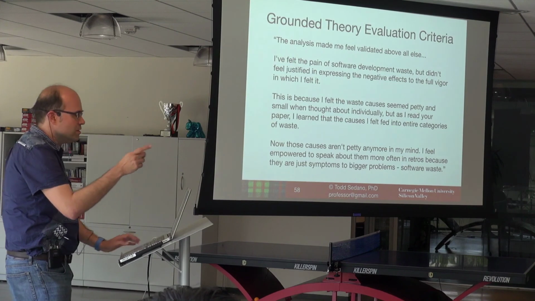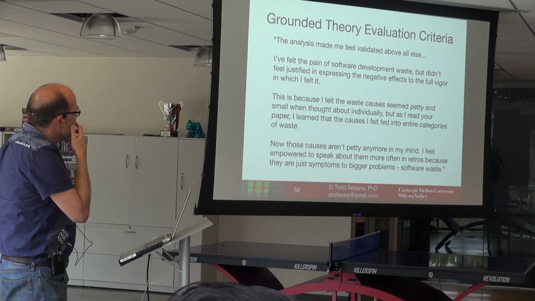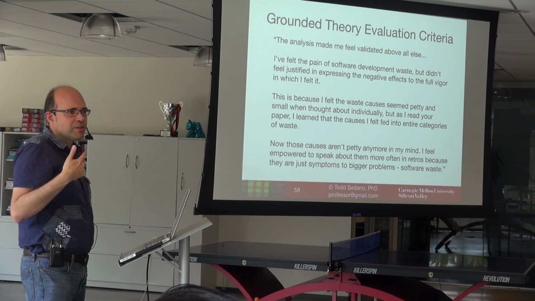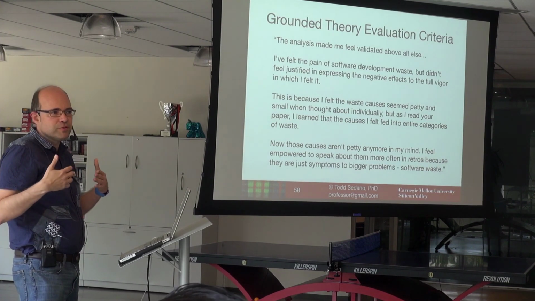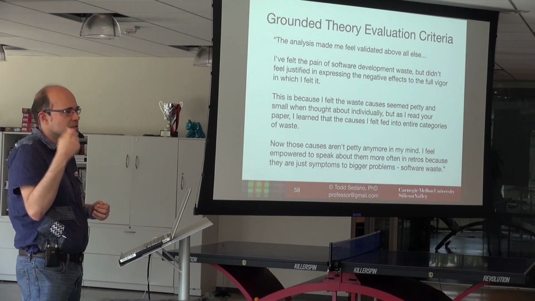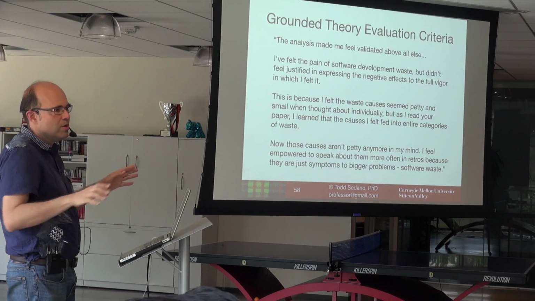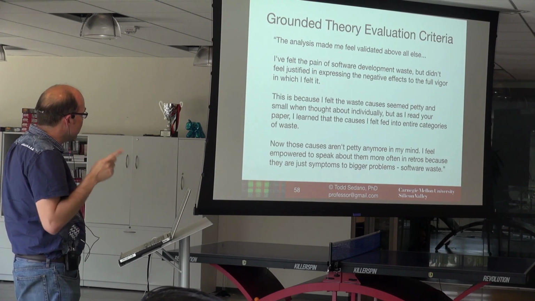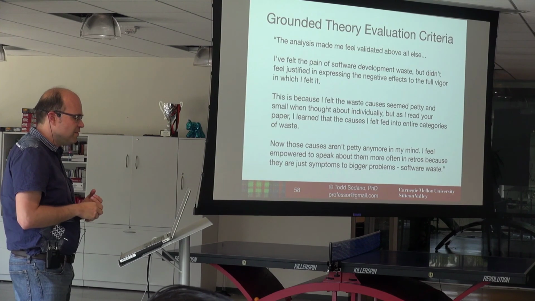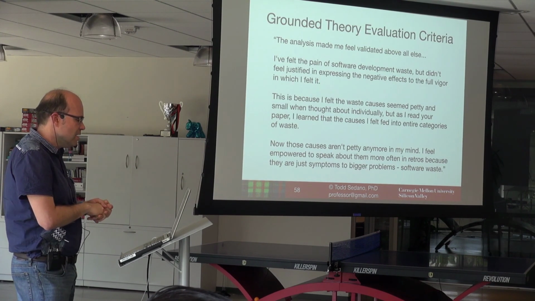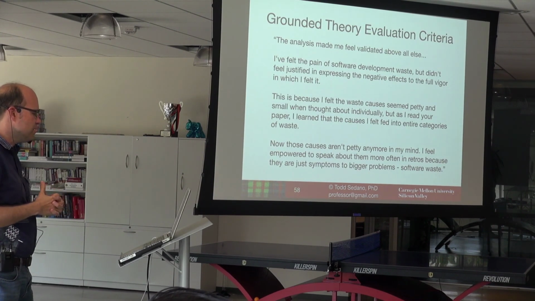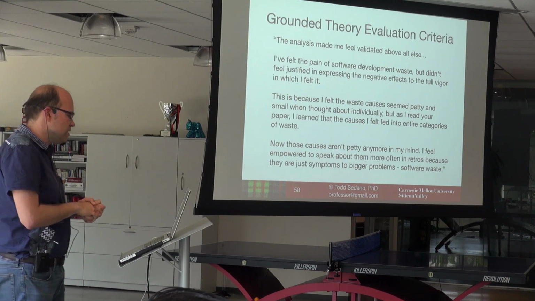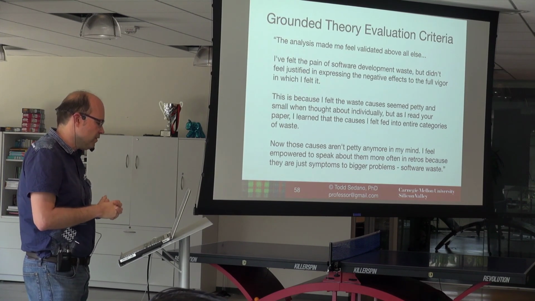So to John's point earlier, to validate the theory, one of the things we do as researchers is show it to participants, and I showed it to 7 participants to get their feedback. They all thought it was spot on. One from the SF office said the following: "The analysis made me feel validated above all else. I felt the pain of software development waste, but didn't feel justified in expressing the negative effects with the full vigor in which I felt it.